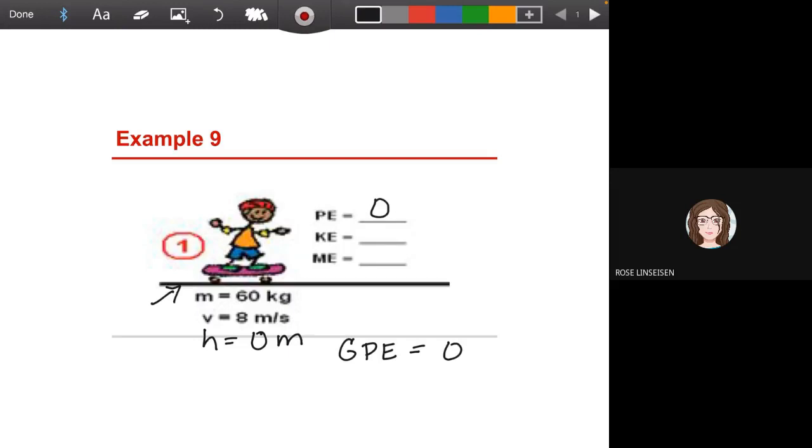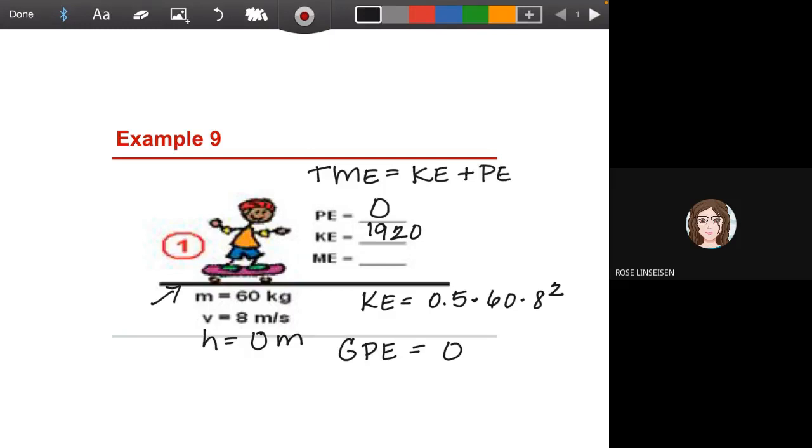What they do have is kinetic energy. So we're going to multiply 0.5 times 60 times 8 meters per second squared. So 0.5 times 60 times 8 squared gives me a kinetic energy of 1920. So my formula is total mechanical energy equals kinetic energy plus potential energy.